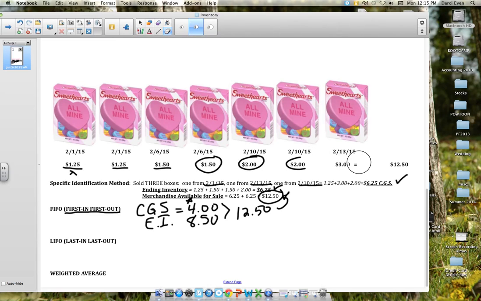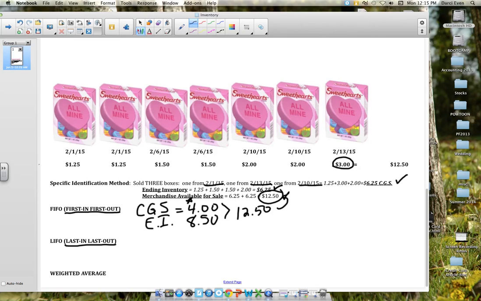So I'm going to clear this off again. And we're going to look at LIFO, last in, first out. And this is where a business would assume that the last things they bought are the first things they sold. So if we sold 3, we would assume it would be these last 3.